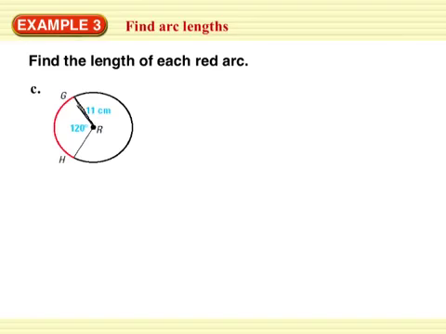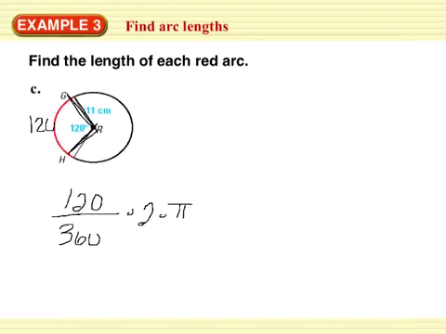Again, here I have a central angle of 120, so the arc is also 120. 120 over 360 times 2 times pi times radius 11.0 centimeters.